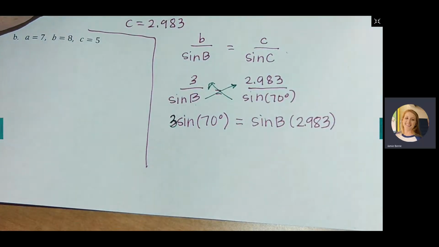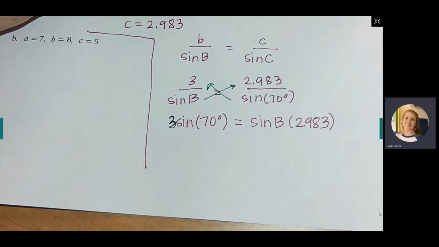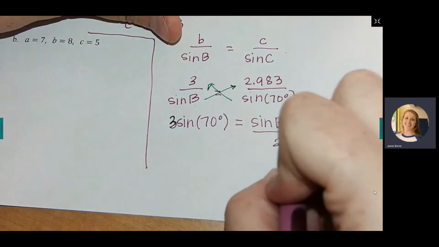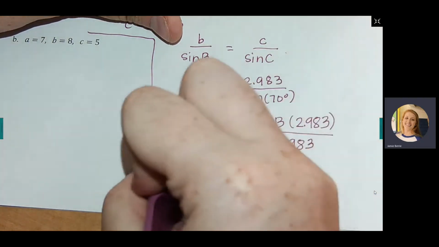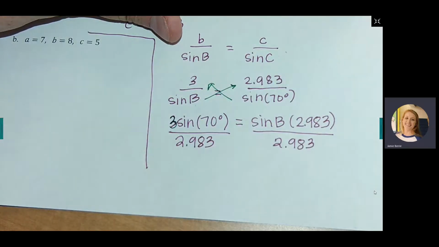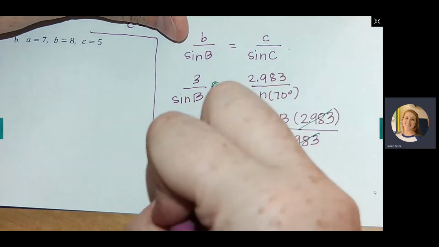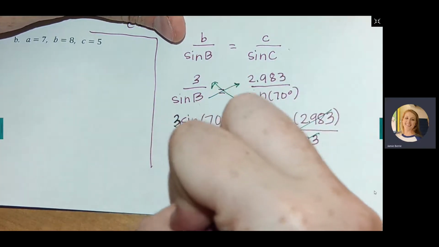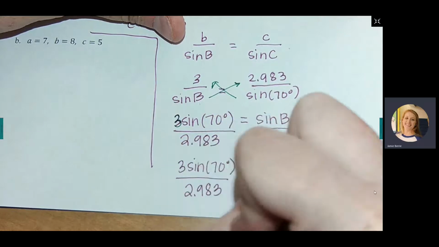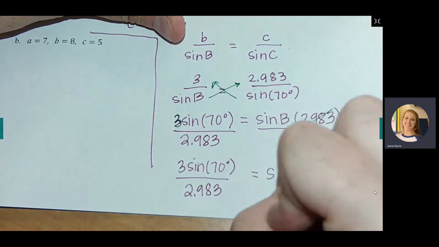Trying to get sine of B by itself, go ahead and divide by 2.983. Divide by 2.983, cancels out over here. Then we have 3 times sine of 70 degrees over 2.983 equals sine of B.